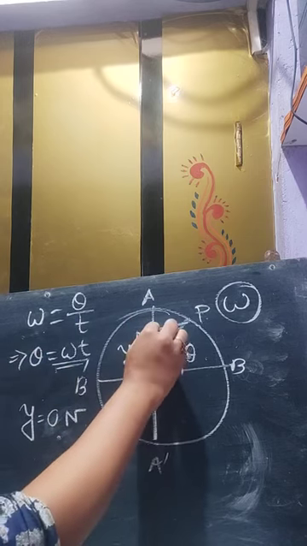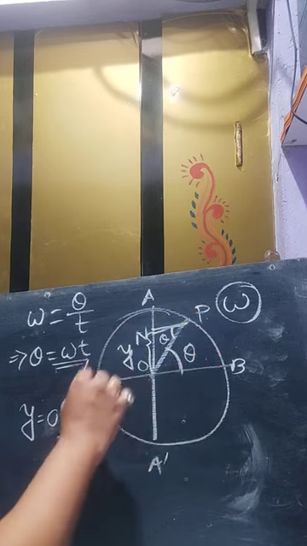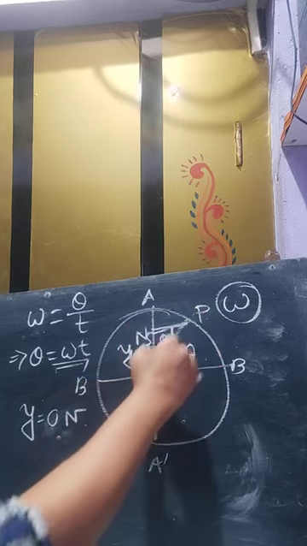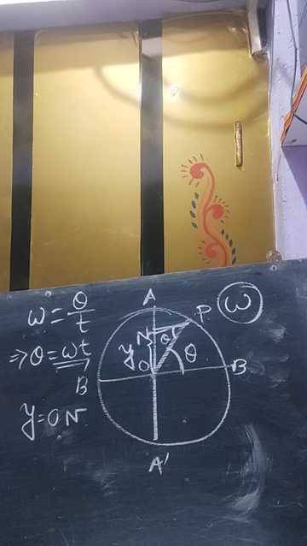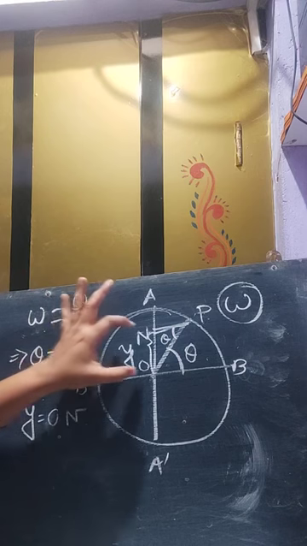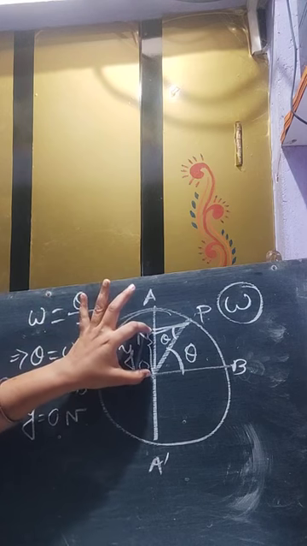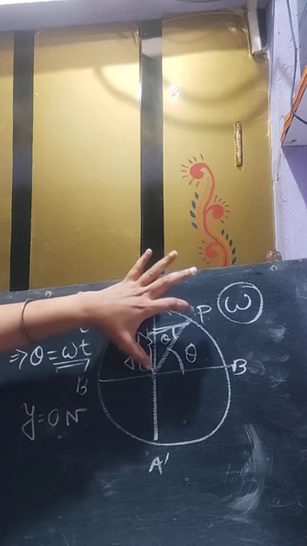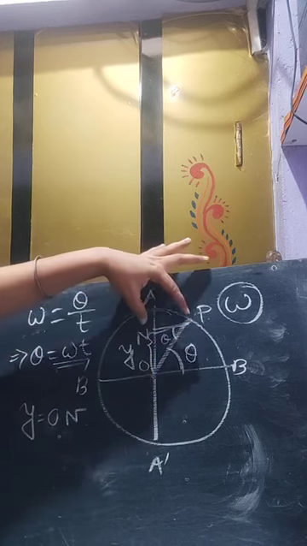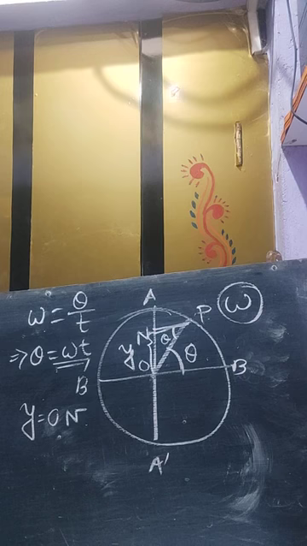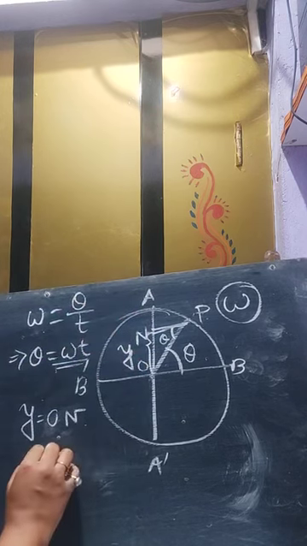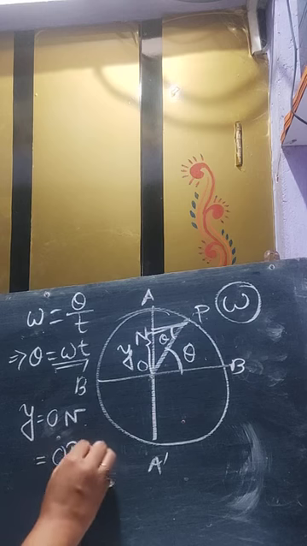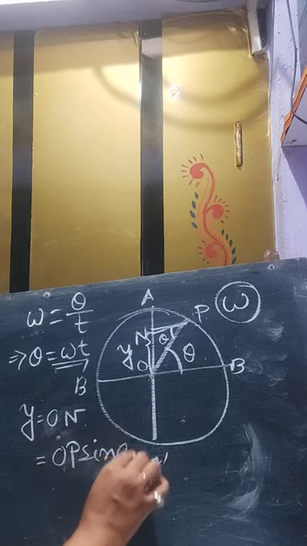And NP is perpendicular, so ONP is a right angle triangle. Therefore, ON is the height, OP is the hypotenuse and NP is the base. So ON is the height, and we can write it as OP sin theta.